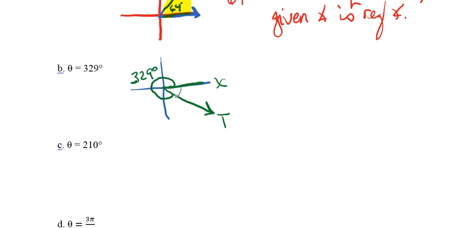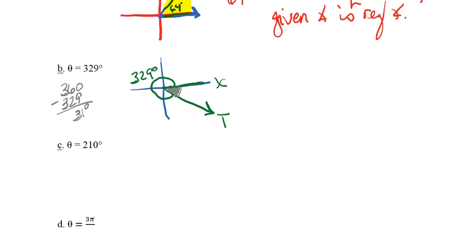So my reference angle is this angle right here. How can I find that? Well, if I'm given my angle as a positive angle, the reference angle is the difference between that and an entire circle, which is 360 degrees. So to find it, I'm going to do 360 minus 329, which gives me 31 degrees.